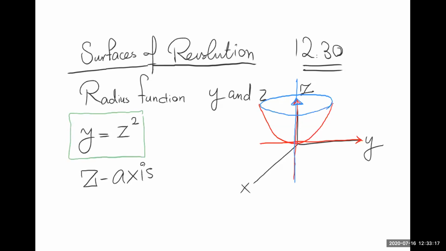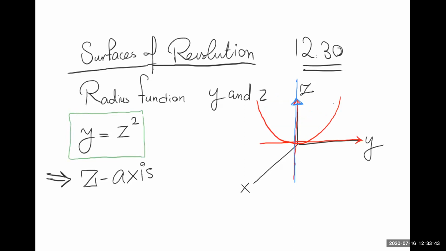Okay, look at this graph. The graph of y equals z squared is this one. Then we should choose some axis. Let's choose the z-axis. And then we should revolve this graph about this z-axis like this.